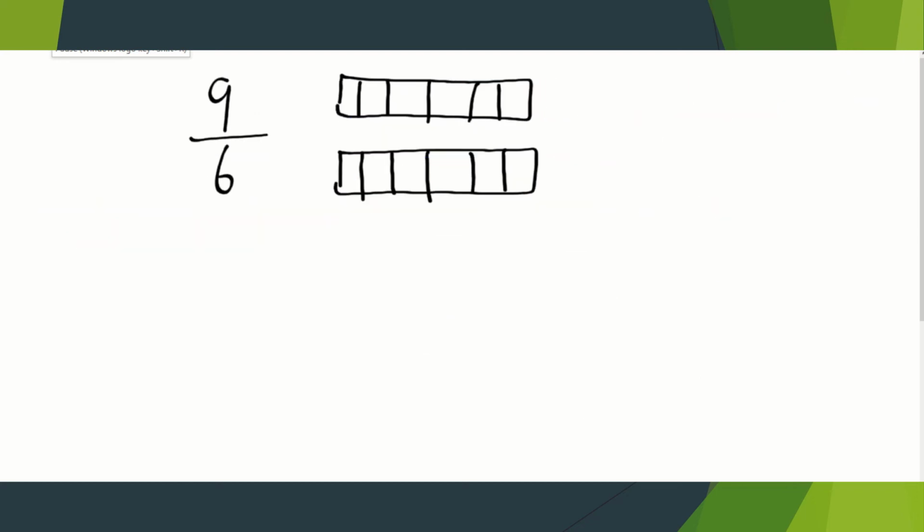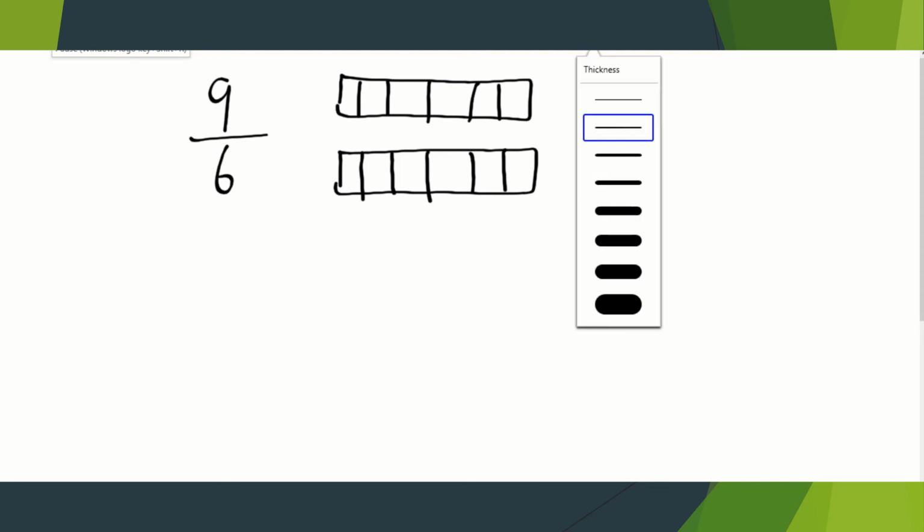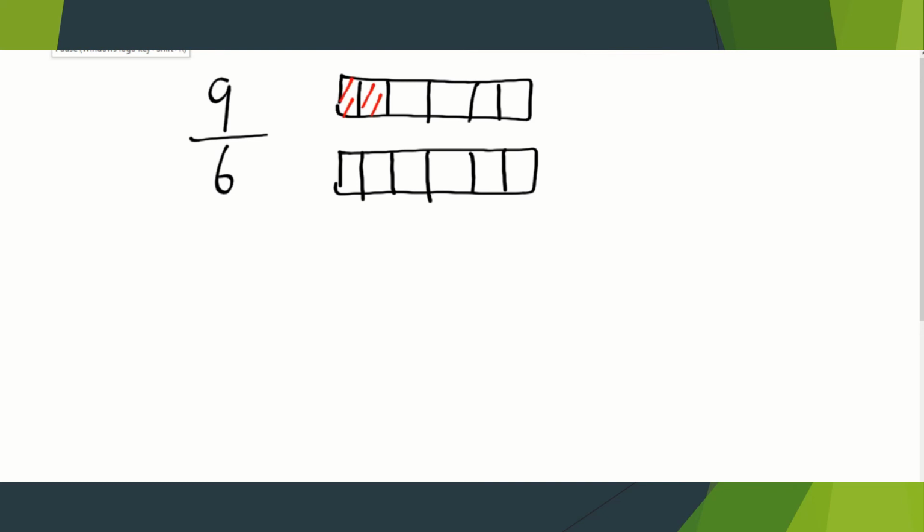Let's have a look at one more. 9/6. So first step, I'm going to shade in 9 of them. 1, 2, 3, 4, 5, 6. So I've got one whole one. 7, 8, 9.